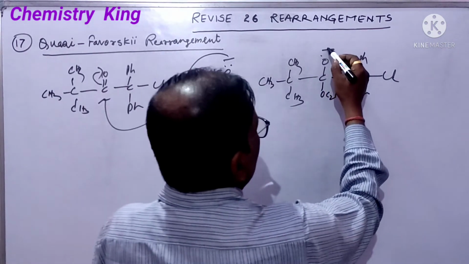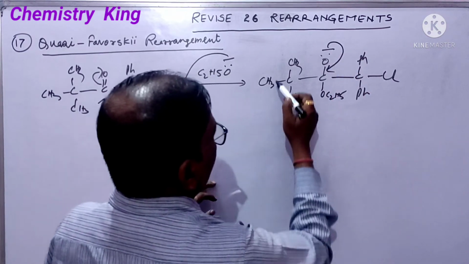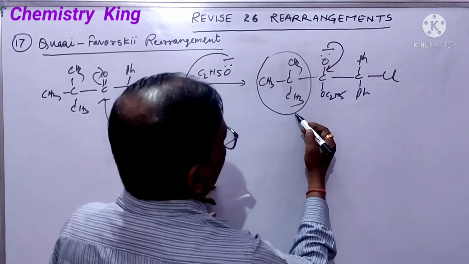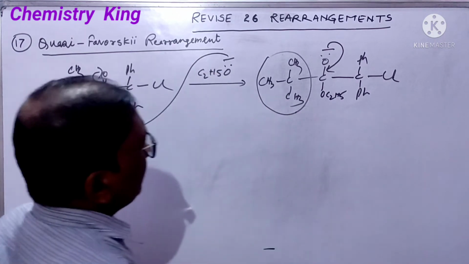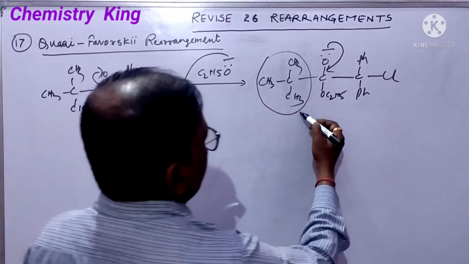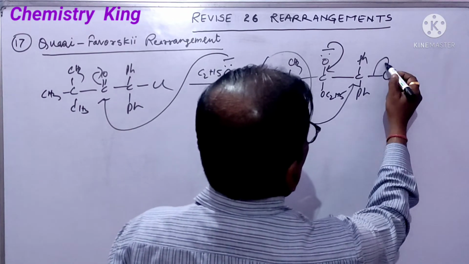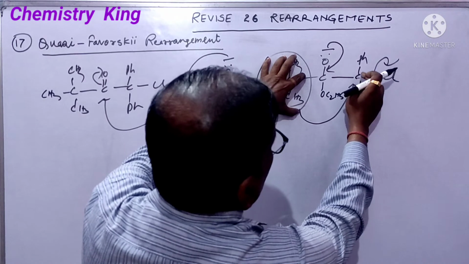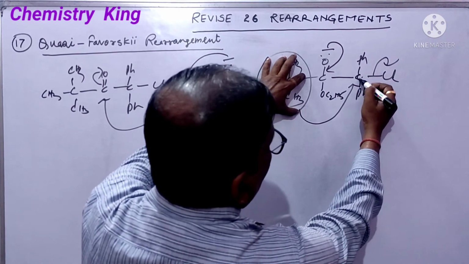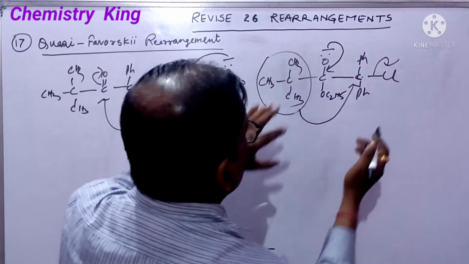Now, when it comes here, what will happen? This whole unit will rearrange and come here. It means this unit gets attached with the carbon to which the halogen was attached.